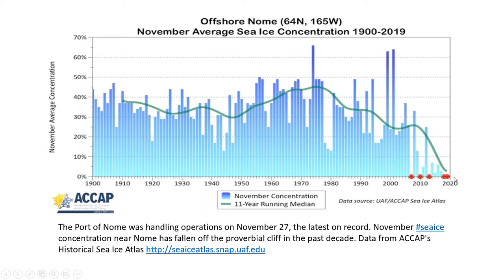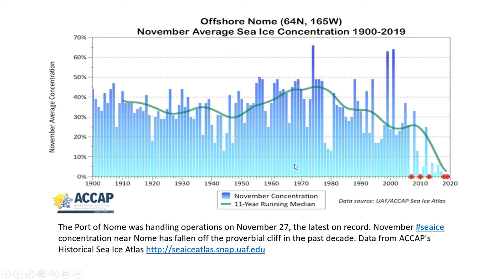It's tanked. In fact, in the last decade there has been very, very little sea ice hanging around in November near Barrow, near Nome, which is where the Iditarod ends. That's the trend for the last decade.